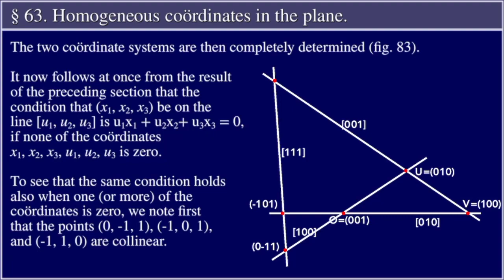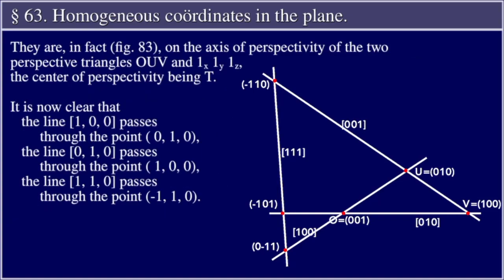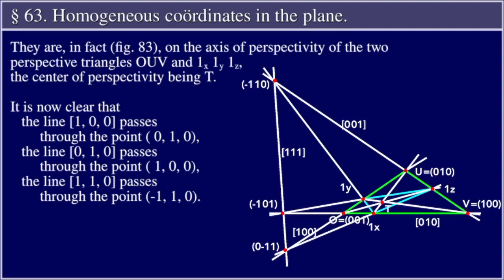To see that the same condition holds also when one or more of the coordinates is 0, we note first that the points 0, negative 1, 1, negative 1, 0, 1, and negative 1, 1, 0 are collinear. They are, in fact, figure 83, on the axis of perspectivity of the two perspective triangles O, U, V, and 1 sub x, 1 sub y, 1 sub z, the center of perspectivity being T.